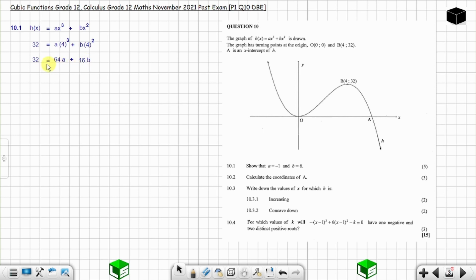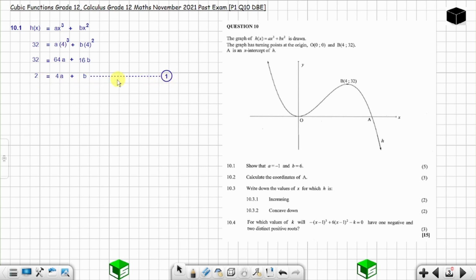So you divide by 16, you are going to have 2 is equal to 4a plus b. Now we have this as our first equation.